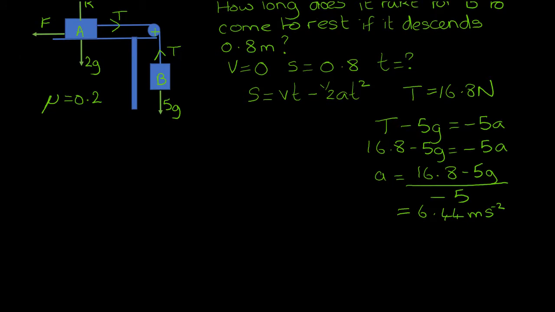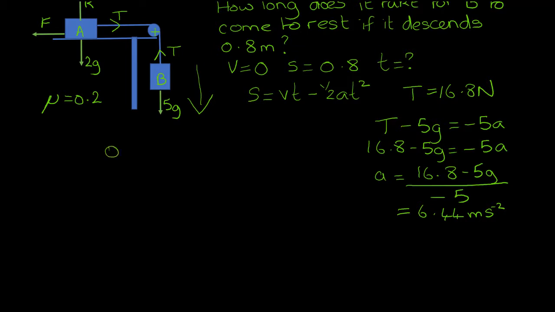Now we have the acceleration, we can substitute that in, but we need to be a bit careful and make sure that we're not mixing up our directions. So B is going downwards, so that's the way that we're working this, whereas I resolved it upwards, so this A is upwards, so our actual acceleration will be minus 6.44 when we put it into the equation.